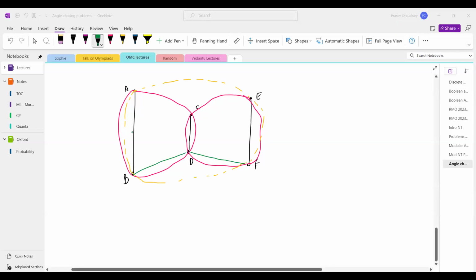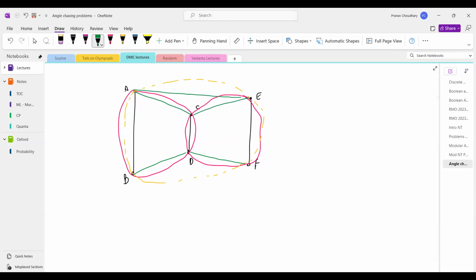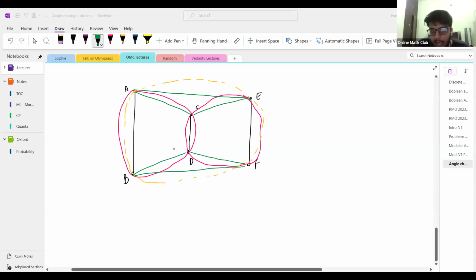The three segments are parallel, and you have the two pink cyclic quadrilaterals. I want you to prove that the yellow quadrilateral exists as well. Sir, BDF and ACE are the same angle.